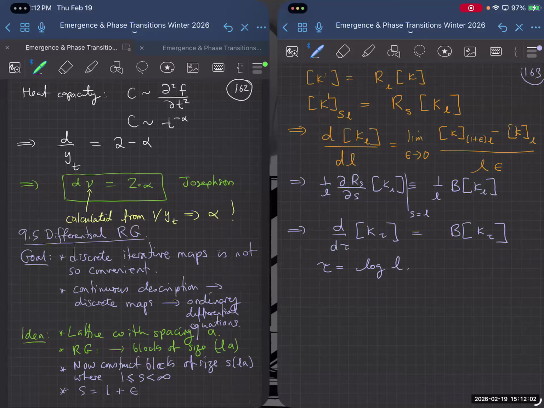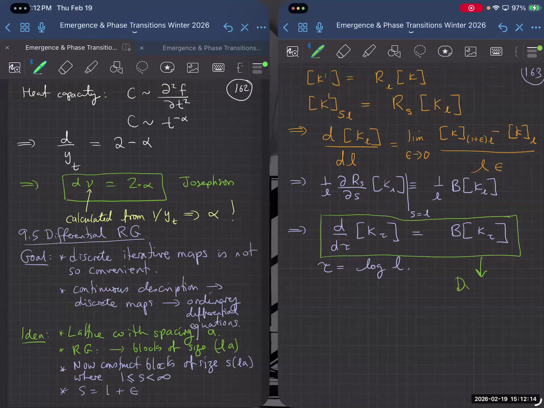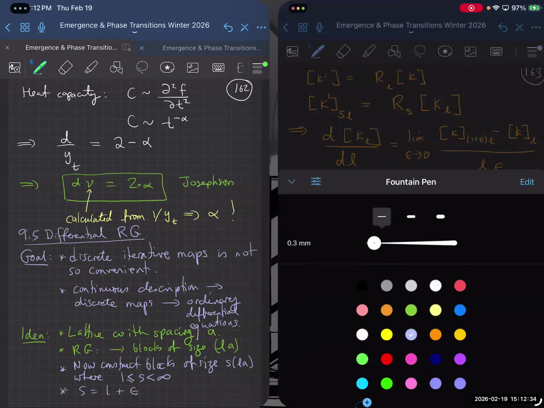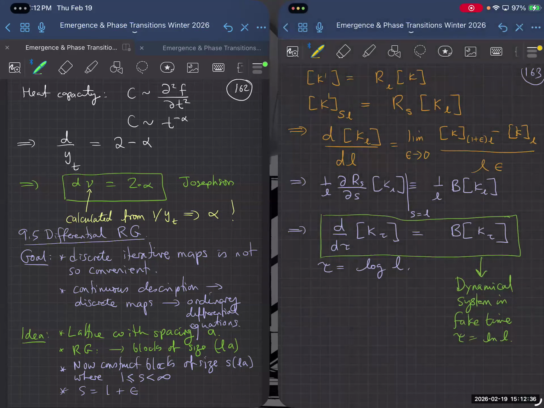And so this is literally an equation of a dynamical system in a fake time, tau equals the logarithm of L. And this function over here has a name.